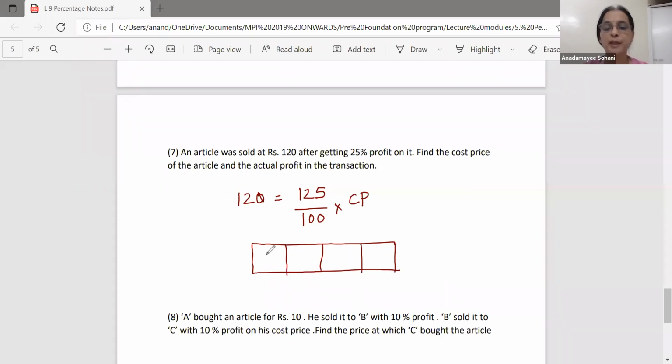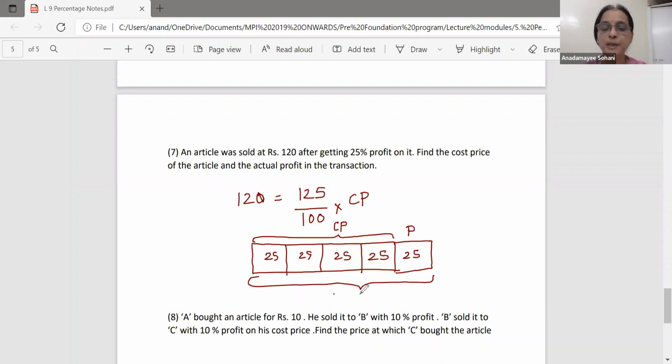I made 4 parts of my cost price, which is 25%. That is why I made 4 parts. And I will attach one more compartment of 25% profit. This is my profit compartment and these are my cost price compartments. This is the meaning of 125% sale price, 25% profit, and this is equal to 120.